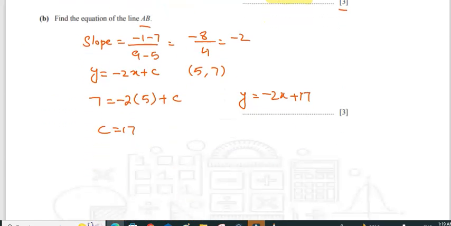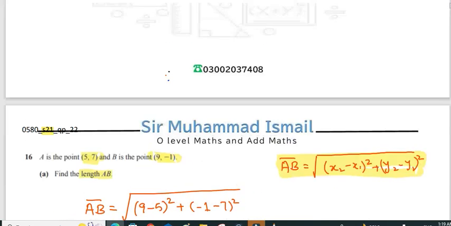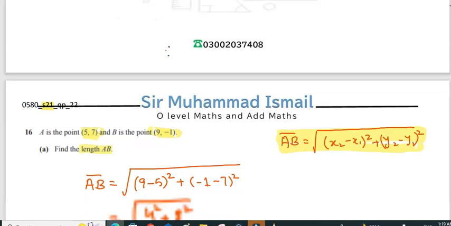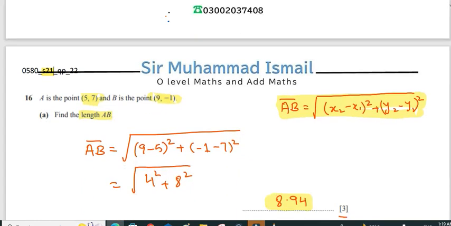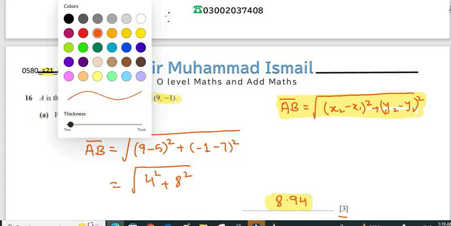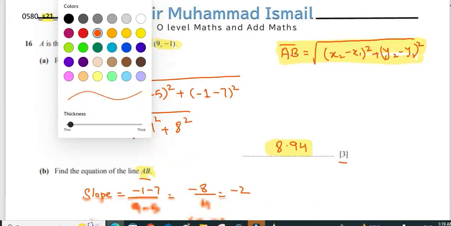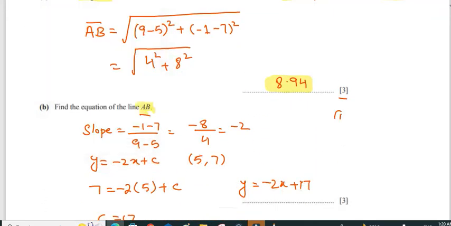Similarly, find the equation of the line AB. If you have to find the equation of the line AB, what do you have? You have these 2 points. Once you have 2 points of the line, first of all find the slope by y2 minus y1 upon x2 minus x1.